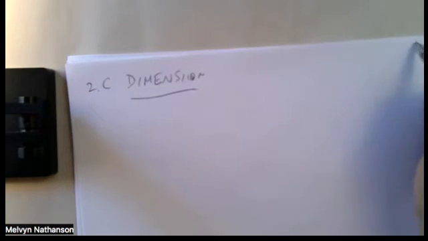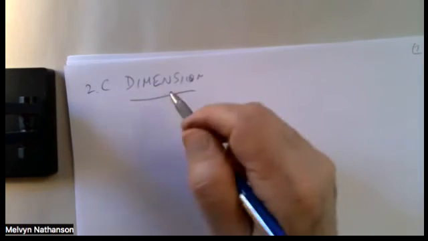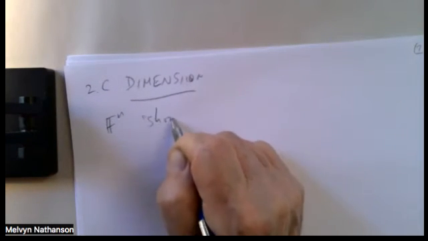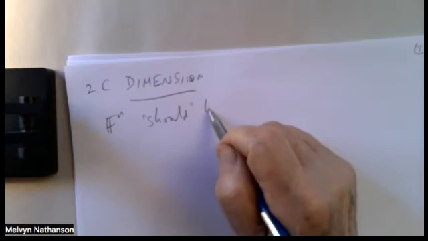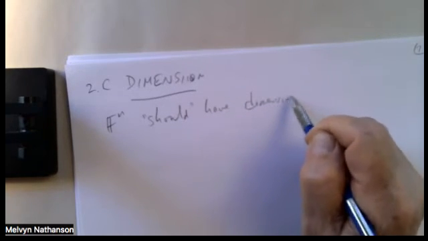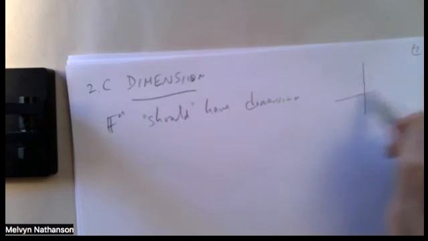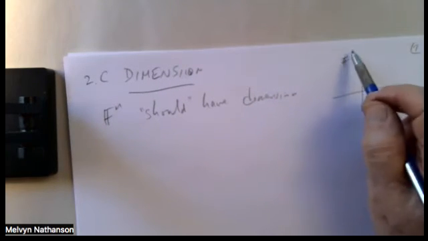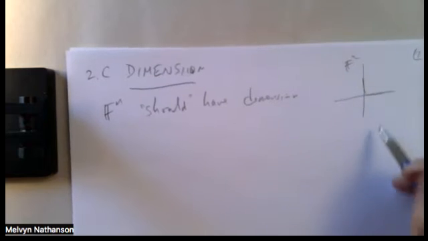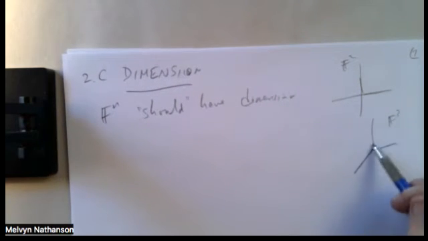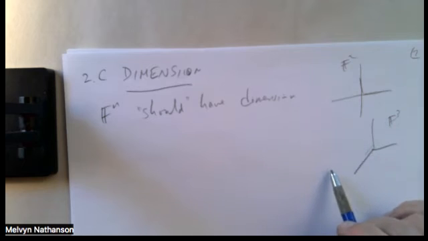So our intuition would say that F^n should have dimension n. So R2 or F2 should be two-dimensional. And F3 or R3 should be three-dimensional.